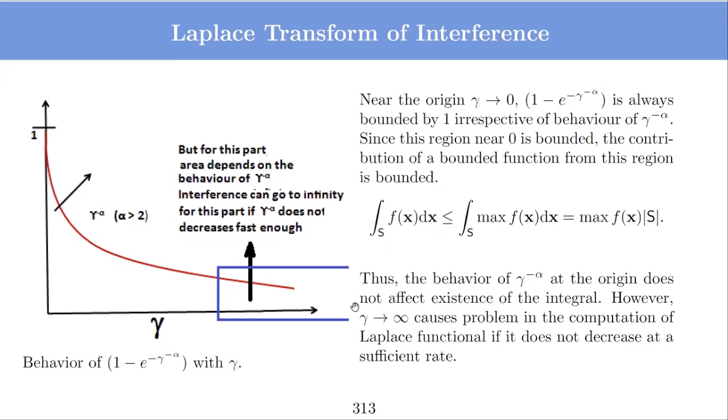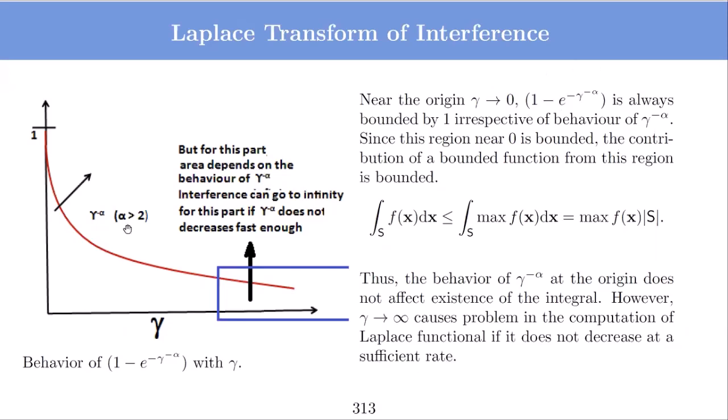So the problem would come if this integration does not converge, which can be due to its behavior at infinity. If this function does not decrease to zero fast enough, then it may happen that the integration just goes to infinity. So it is important that the behavior at infinity of this function should decrease fast enough so that the integration is bounded.